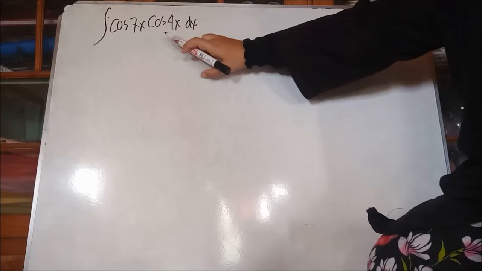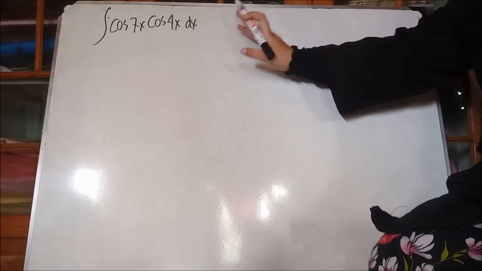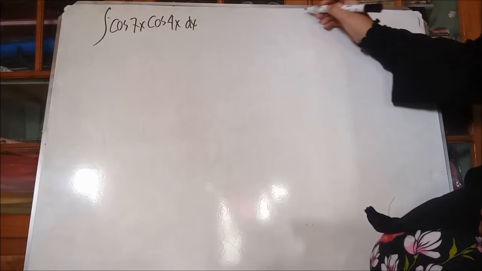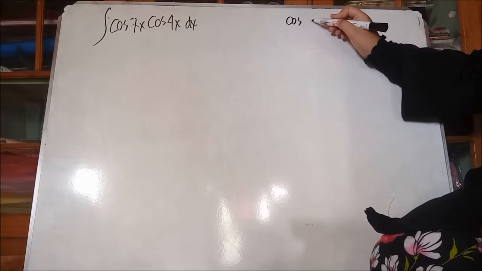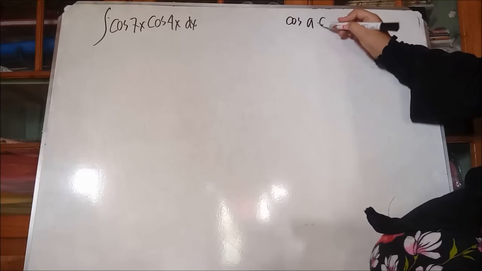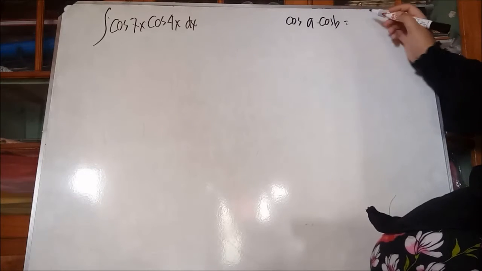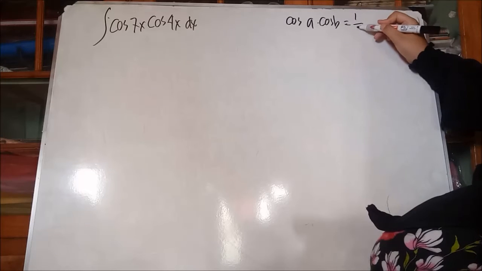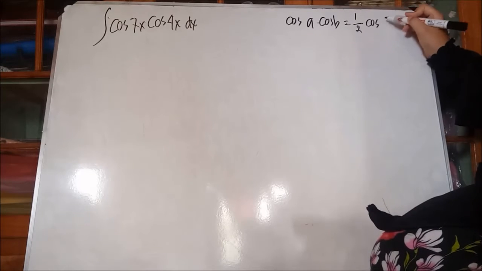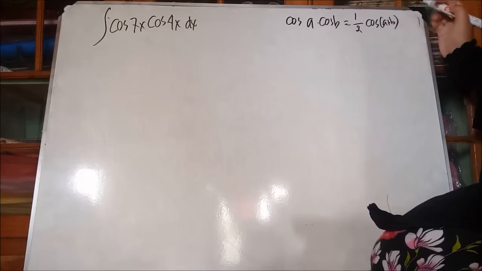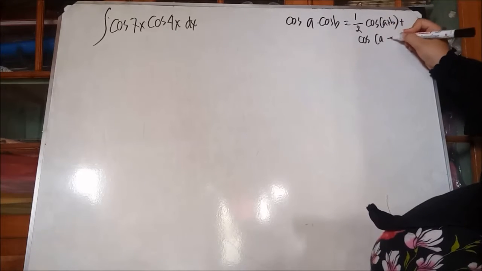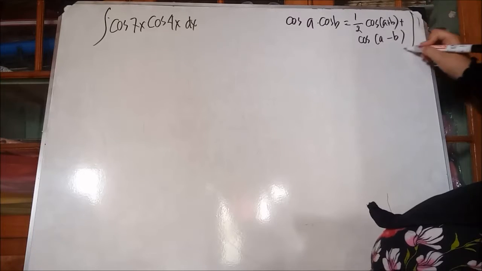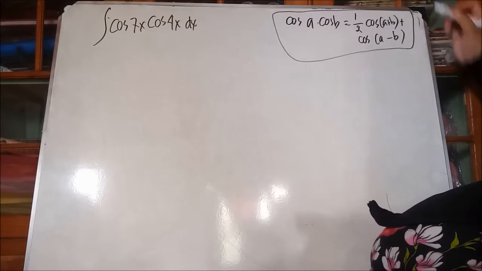If we have the integral of cos 7x times cos 4x dx, here you must remember this: if we have cos A times cos B, it is equal to 1 over 2 times cos A plus B plus cos A minus B. So you must remember this formula.